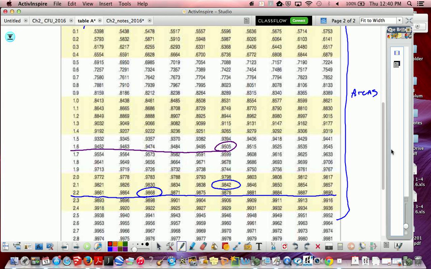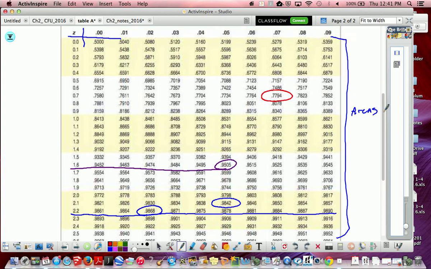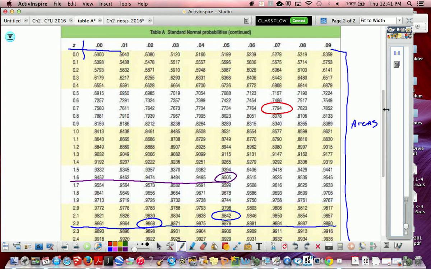Okay. Now I'm looking at my areas, because that's the information I have. I have this value. I want the column value, or my z-score. So I'm looking on here going, all right, what values are closest to 0.7800? As I scroll here, it's going up: 0.77, 773, 776, 7794, 7823. There's my closest one. So the z-score it corresponds to intersects at these two values.